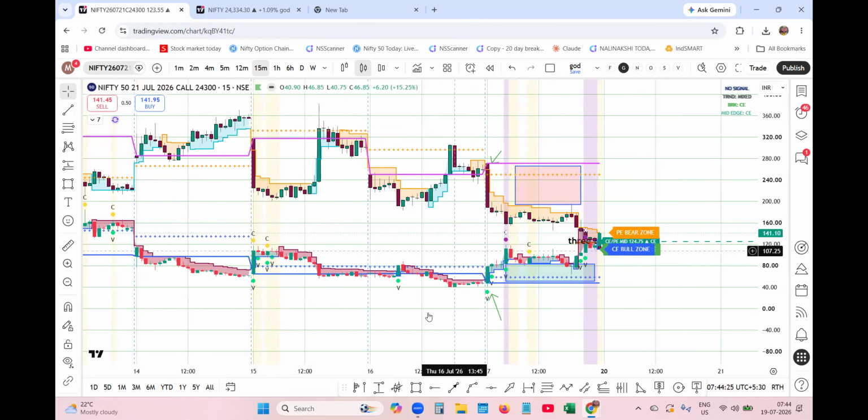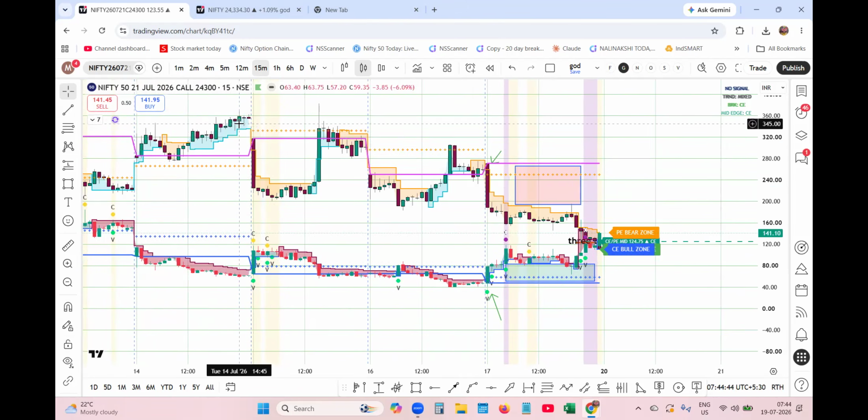See, all the picture you can see in this indicator, just at a glance. Again, you can make out. See, the put option was dominating. The call option was falling down, right?